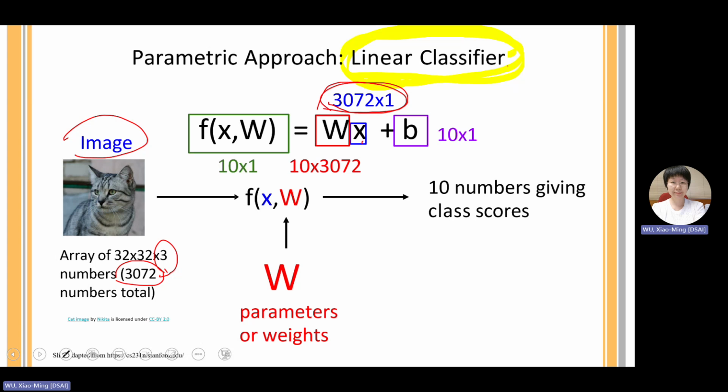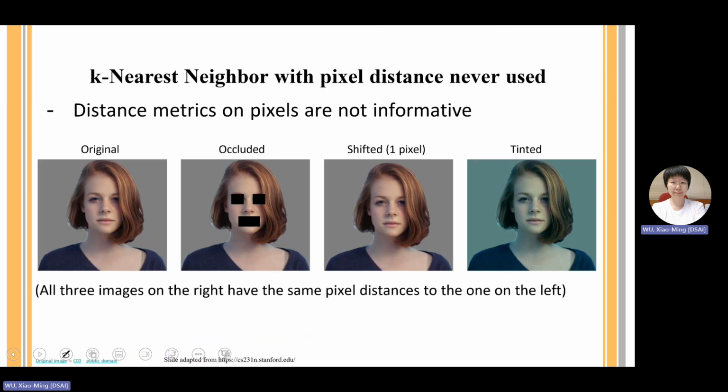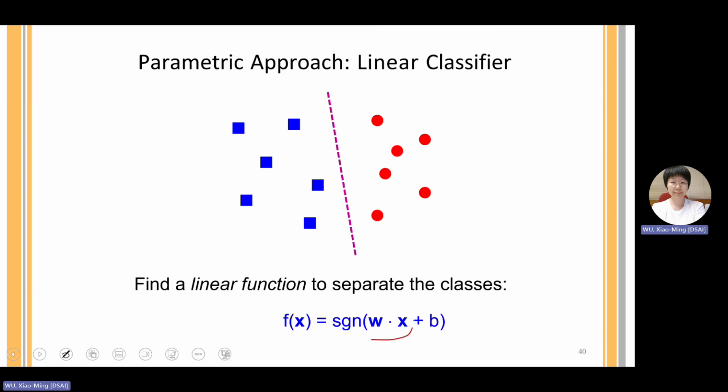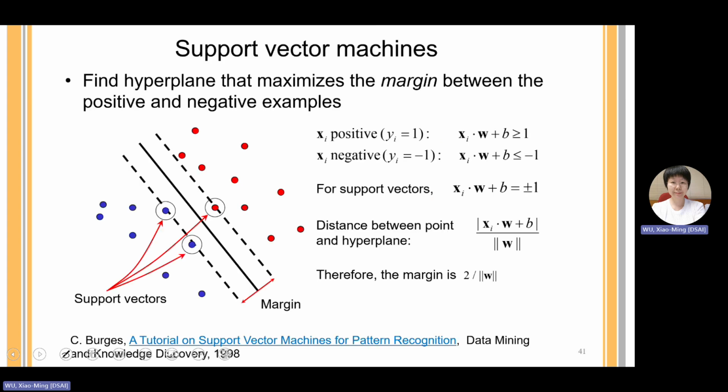Well, here, W actually contains 10 classifiers, because each row of W is 3072 dimensional, and this is an inner product.